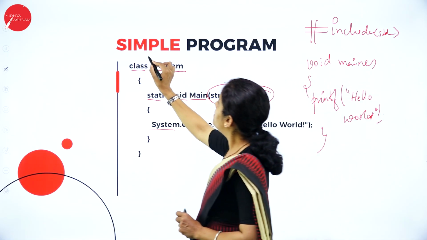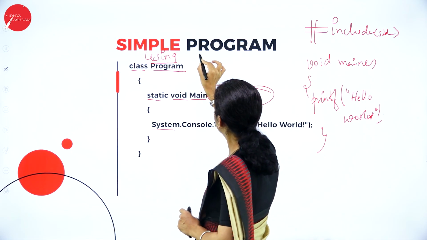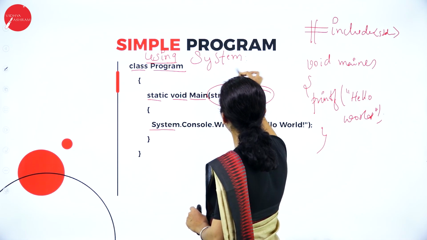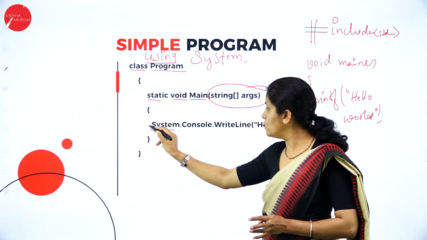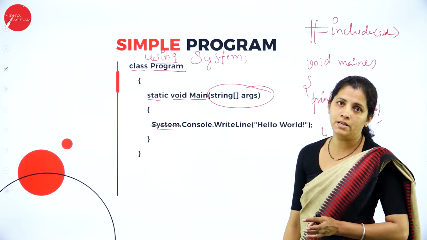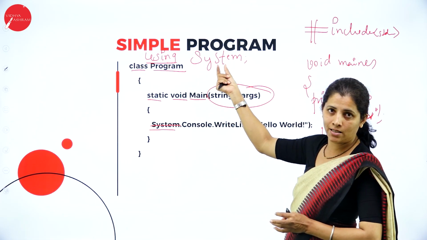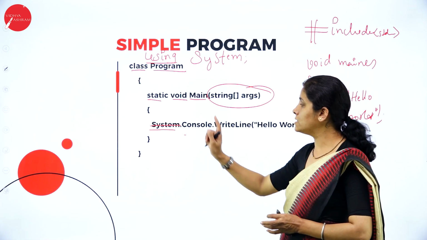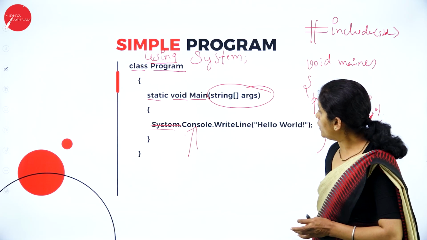First one, by using the keyword using System. Suppose I use using System as my first statement, then there is no need to write System here. If I forget to write using System, then each time I have to start with System.